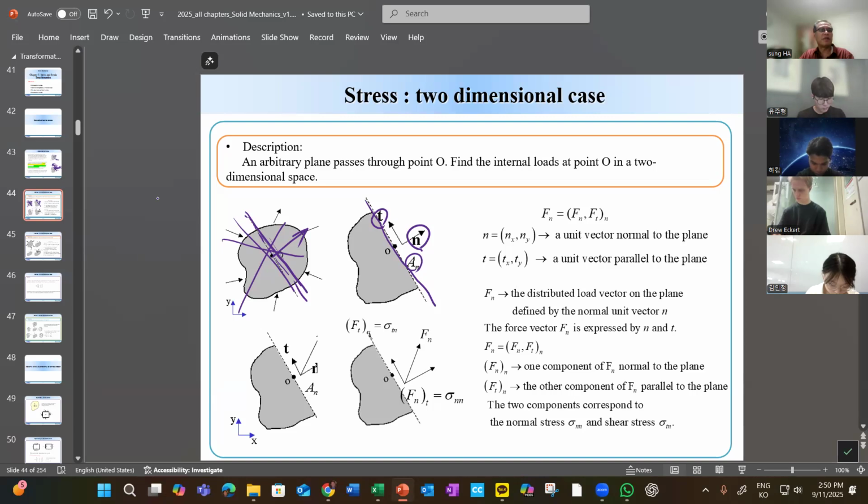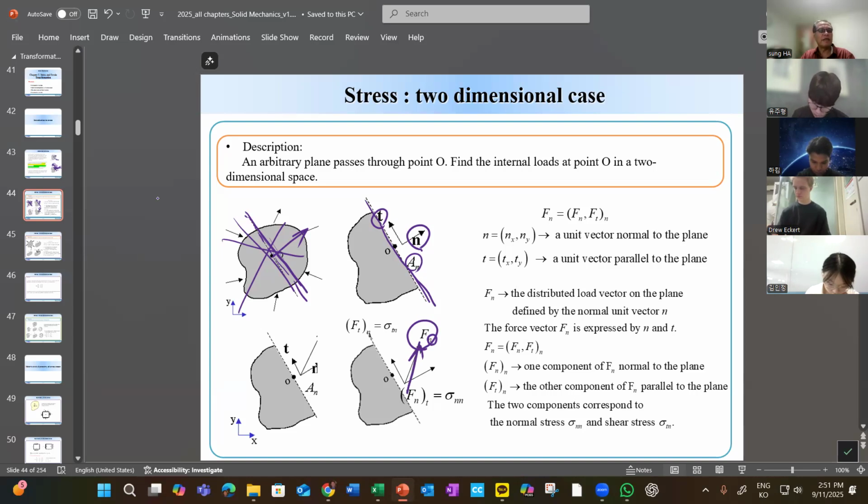Now, once we have this plane, we observe a certain force. This we call Fn. Why? Because this area is represented by n, so we call it Fn.